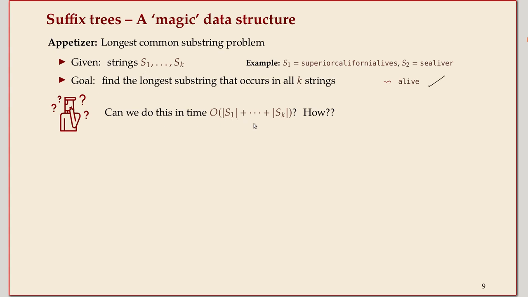That's the total length of all the texts. That's the best we can do. We need this. Theta of this is already necessary to just read the entire input. So we're asking, up to constant factors, can we solve this problem in the same time that it takes you to simply read all those strings once?